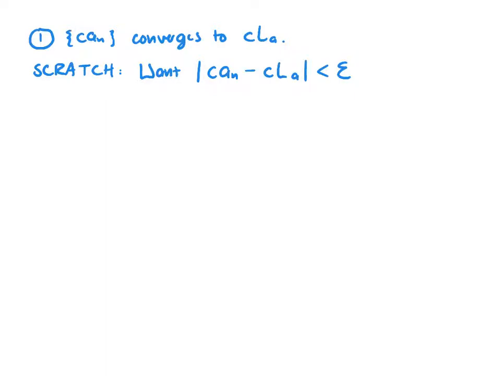But here, this is nice because we can factor out the c. So this becomes absolute value of c times absolute value of a_n minus L sub a is less than epsilon. Okay, so the point is, because we know a_n converges, we can make this as small as we want.